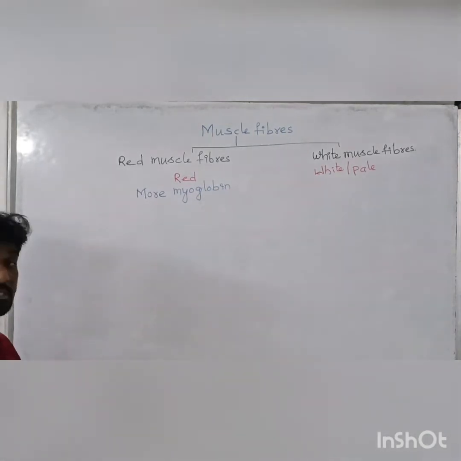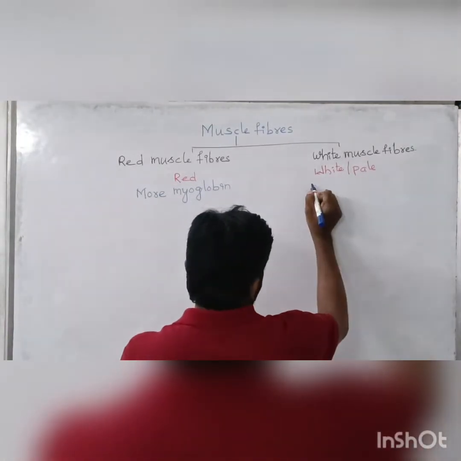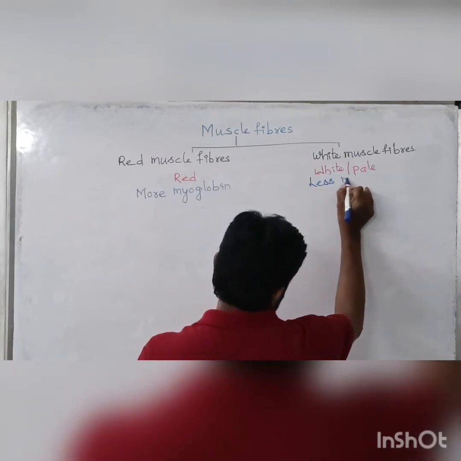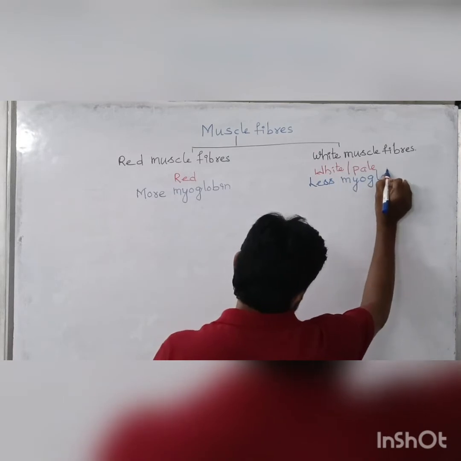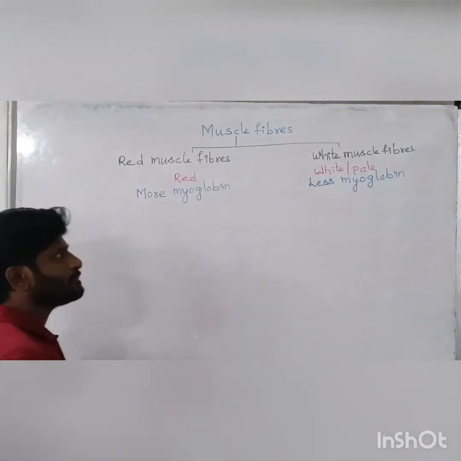The hemoglobin present in the muscle is the myoglobin. White muscle fibers are white because they have less myoglobin.